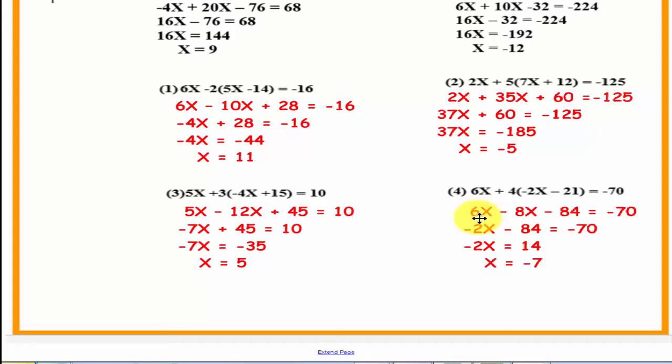Here's a positive 6x minus 8x, so you have a negative 2x plus 84 equals negative 70. All right, simplify. We're going to subtract 84 from this side, so you have to subtract it over here. So negative 70 minus 84 is negative 154. Negative 2x, divided into negative 154. So the answer here is x is equal to negative 7.